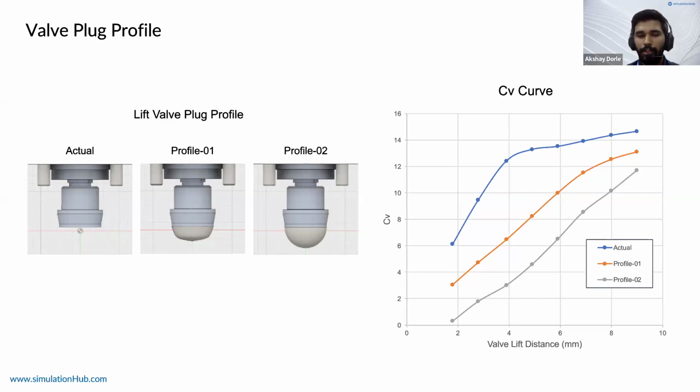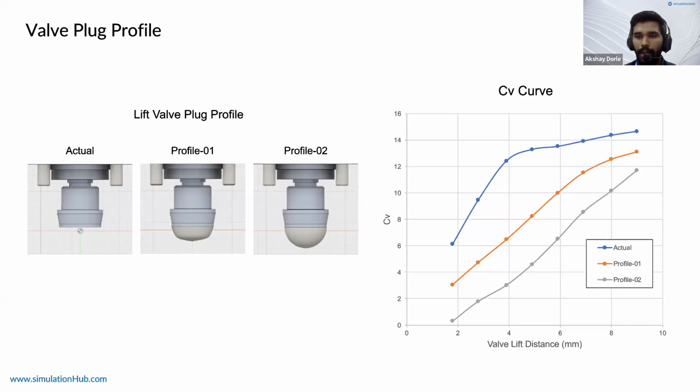We wanted to see how the trim design will impact the flow characteristic. So we selected one profile, modified it a bit, and then modified it further. So three designs, and this is the result that we got.